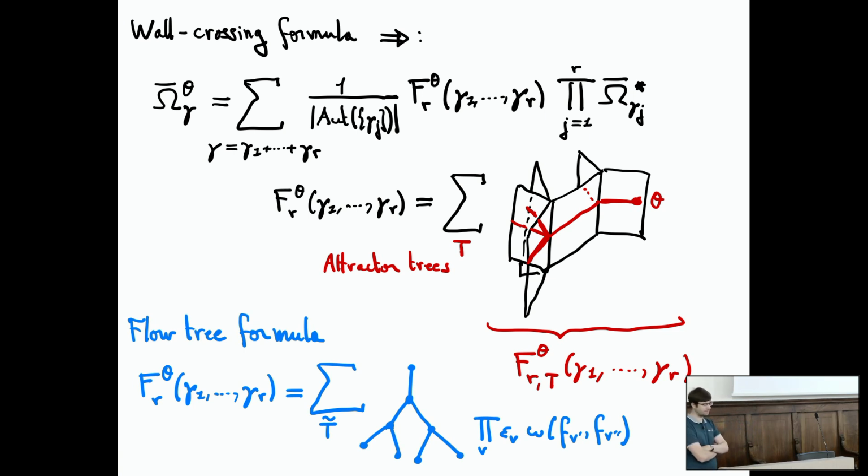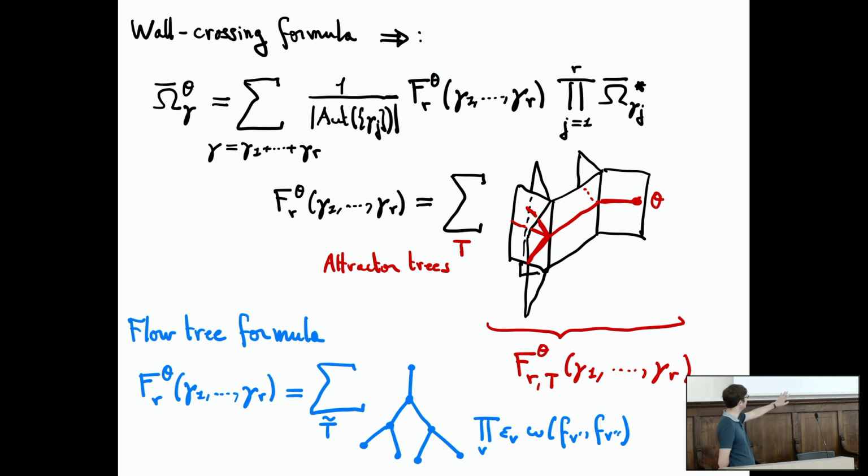And so what we explained last time is that there is an alternative representation of these coefficients given by this flow tree formula, which is an alternative, actually explicit, combinatorial description of this coefficient f r theta, where instead of summing over these attractor trees embedded in MR, we sum over binary trees. Here in this flow tree formula written in blue, you sum over binary trees, and they are like combinatorial trees.